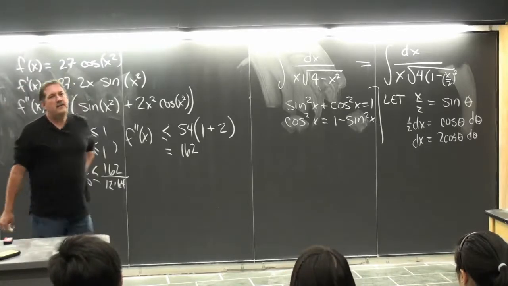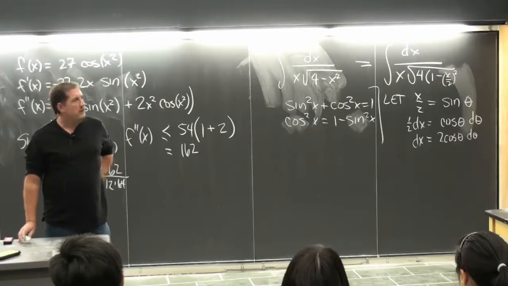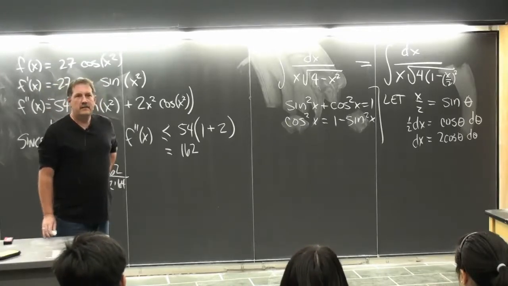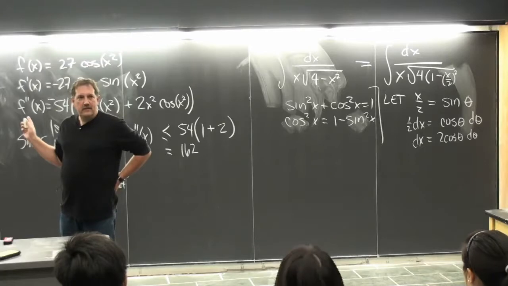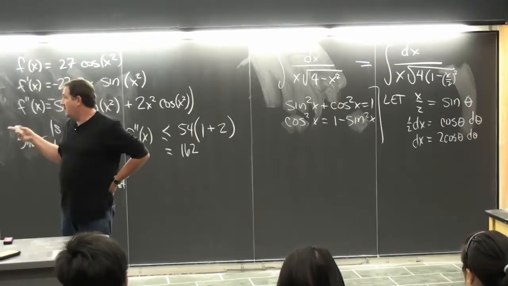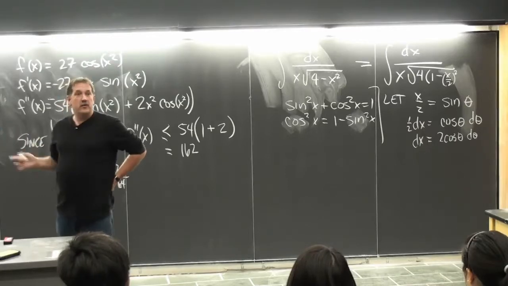So in the test, can we use the arcsine, theta equals arcsine x over 2? Yeah, it's the same thing. Okay, so we don't have to use the triangle thing? Well, you have to know what the cosecant of arcsine is, and you have to know what the cotangent of arcsine is.